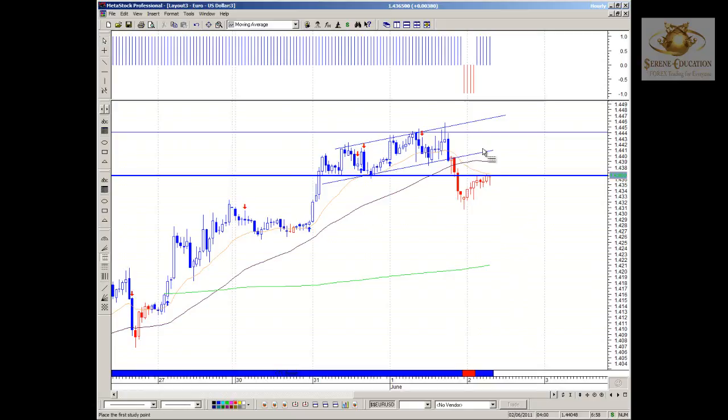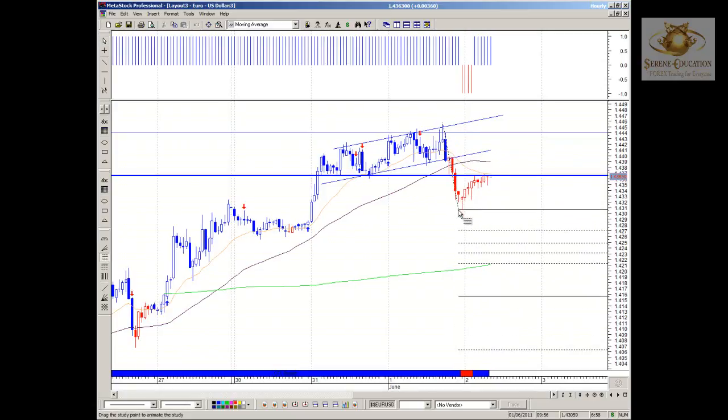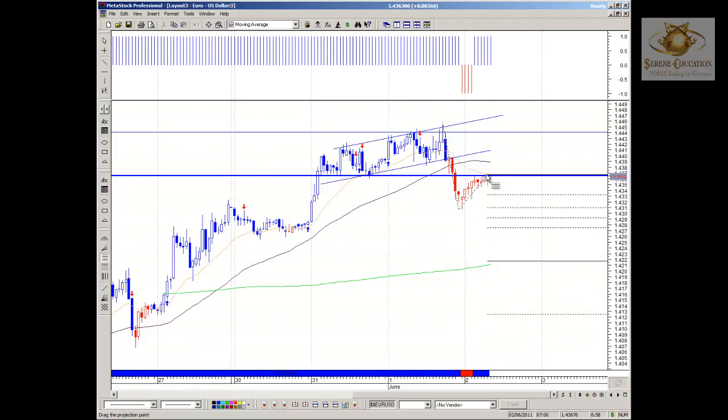And if that is the case, then the projection for this would be roughly something along these lines. So you'd have your initial move, this would be your pullback, and that would be the extension. So 100% would take us back to the 200-period moving average, which is 100% of the initial move, guys. 61.8% would take us back to prior resistance support at roughly the 1427.50 mark.